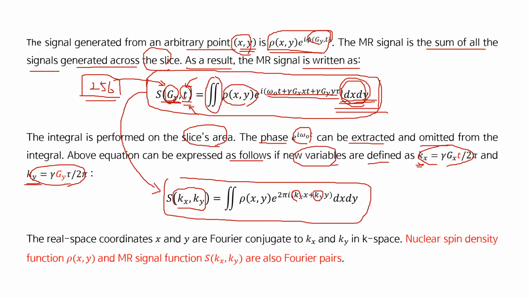So kx is related to the data acquisition time t, and ky is related to the phase encoding gradient. The real space coordinates x and y are Fourier conjugate to kx and ky in k space. The nuclear spin density function rho x, y and the MRI signal function S(kx, ky) are also Fourier pairs.